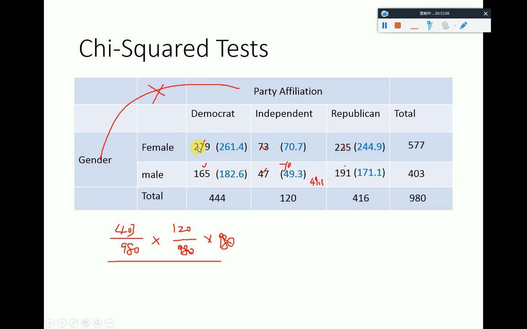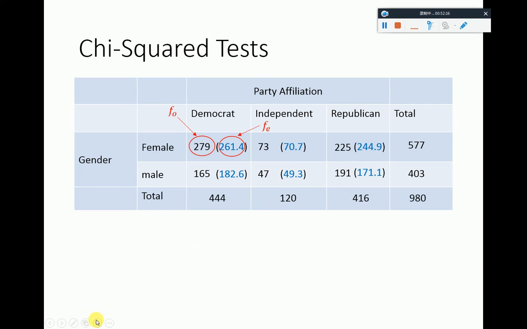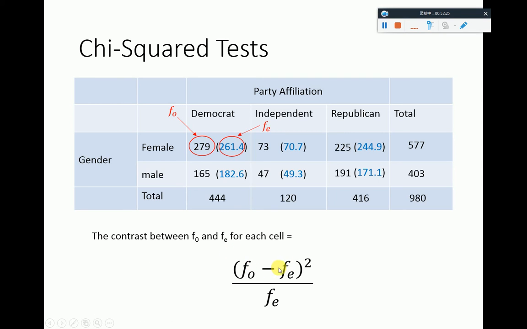Now we have observed frequency, we have expected frequency. Then a contrast between expected frequency and observed frequency will be, of course, the difference between the observed frequency and expected frequency, squared, that's why it's called chi-squared, and divided by expected frequency.